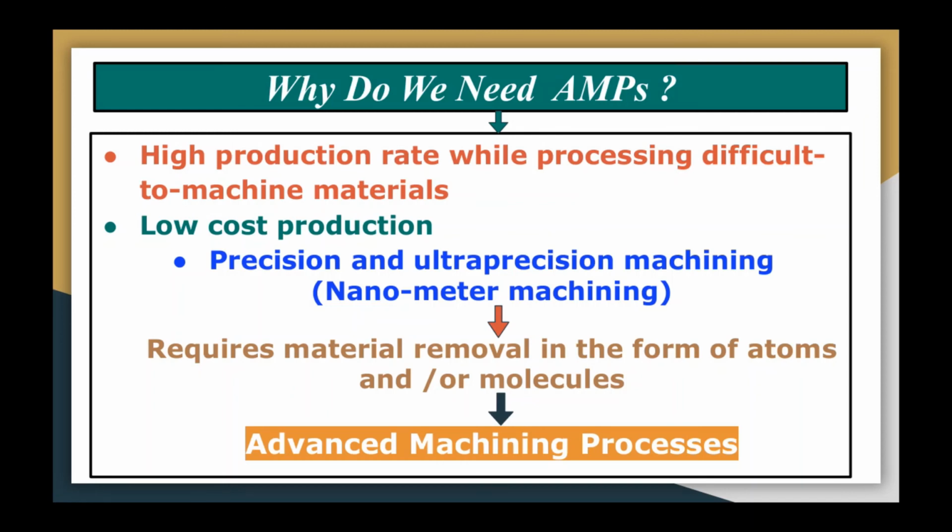With this kind of removal of chip, you cannot definitely get nano level surface finish or micro products. So you need processes where you are removing material in the form of atoms or molecules, and the removal of materials in the form of atoms and molecules you can get only using these advanced machining processes.